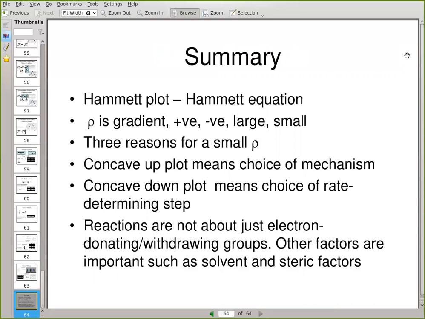But please, can I encourage you, I still need to mark a lot of the tasks on Are You Connected? Please be patient. I will try and get to that as soon as I can. And I will need a mark from this section of the course. So please engage with the tutorial, because at some point in the future, I'm going to need a mark from Hammett, from linear free energy relationships.